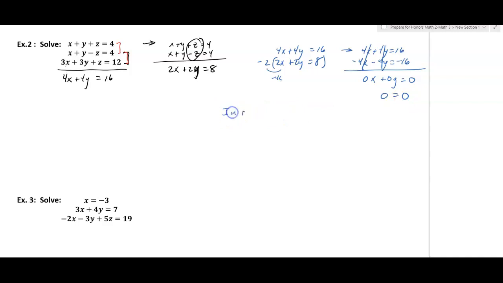So this is infinitely many solutions. And if you look here, if I were to multiply everything in this equation by 3, and then everything in this equation by 3, it would all pretty much match up.